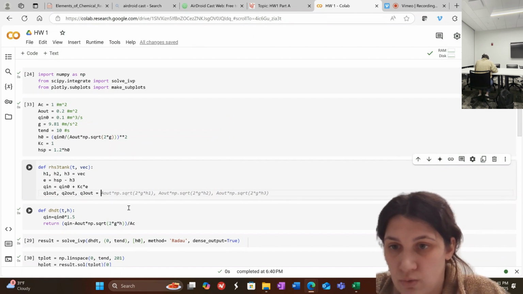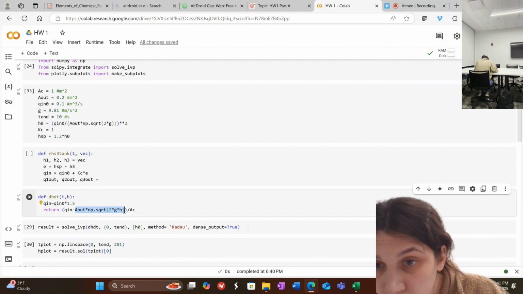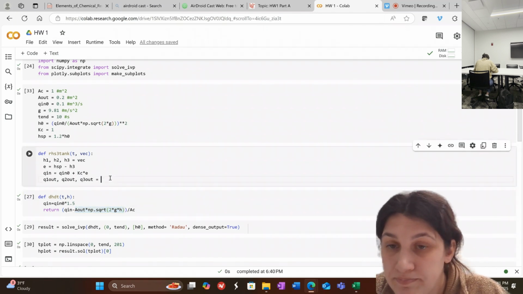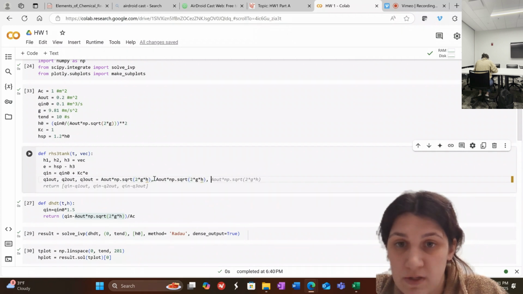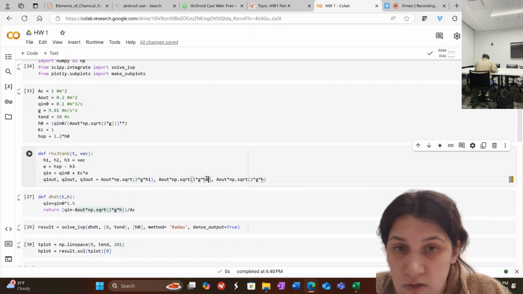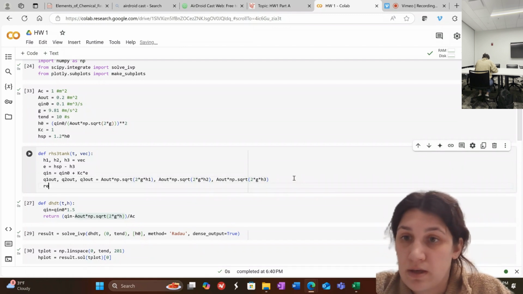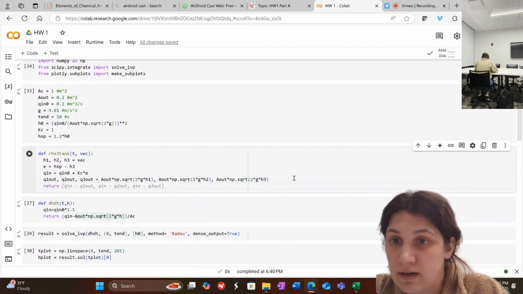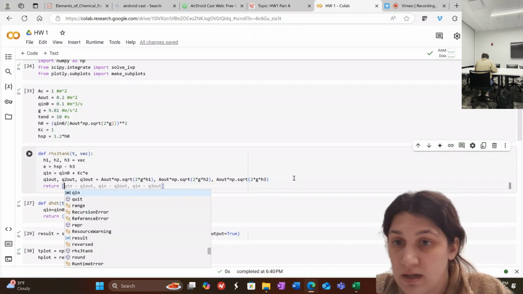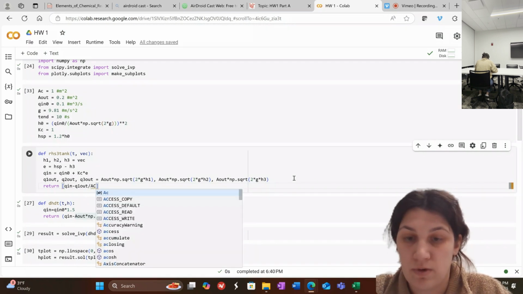And what we can do is just go steal this section of our previously written code, and now we just need to make this 3 times, and we have to put that it's h1, h2, and h3 now. And now we want to return that right-hand side, so that is our Q in minus Q1 out over A_c for tank 1.